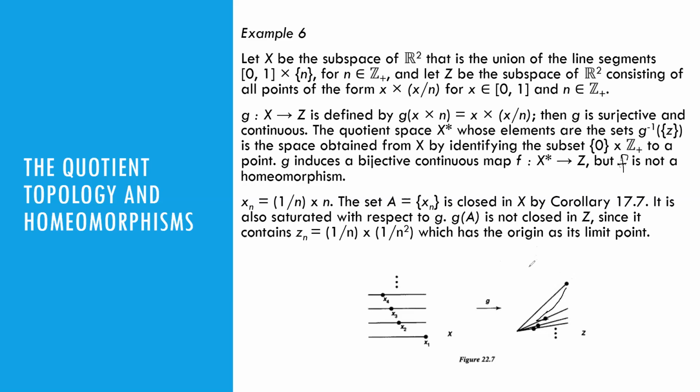So it's not closed. So here we have a set which is closed and saturated, but its image is not closed, and so G is not a quotient map.